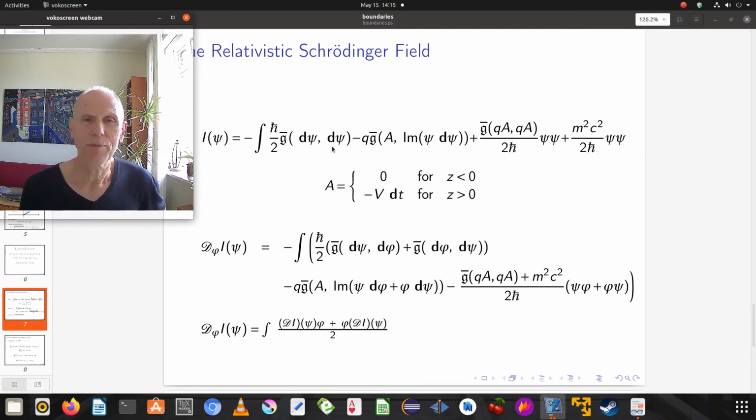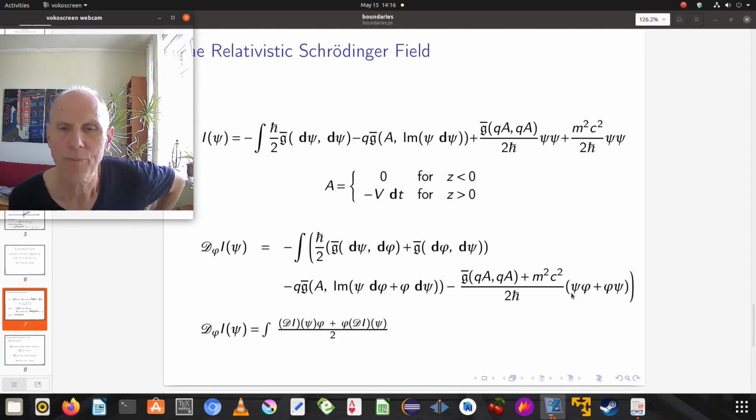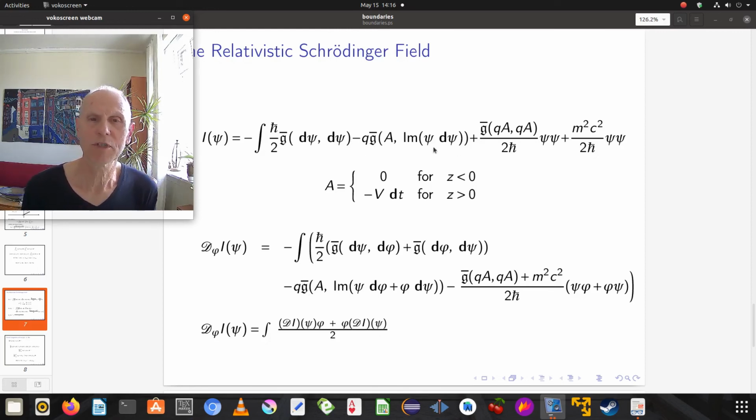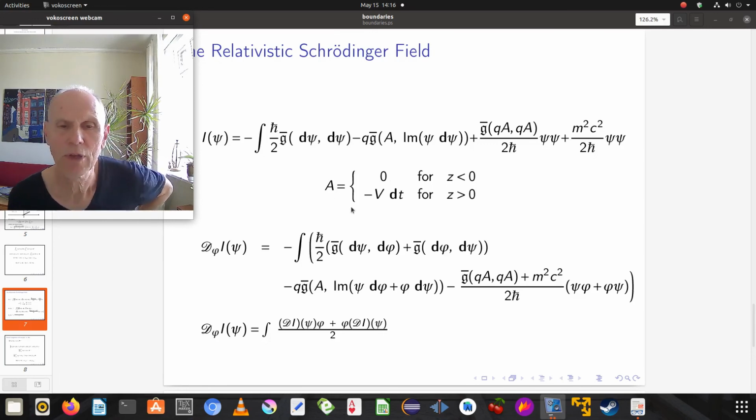So we say, let's see what happens if the field is discontinuous across the boundary z equals naught. So first, the directional derivative, and we have to write it in a symmetric form, a complication that arises because the fields are complex functions on Minkowski or whatever space we are using, on space-time. So we need a symmetric form to get a real result.